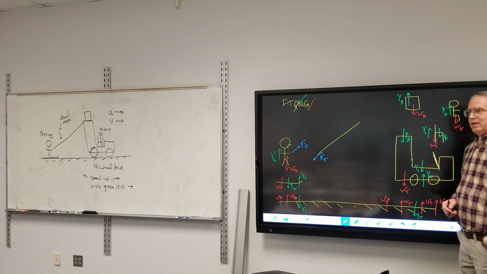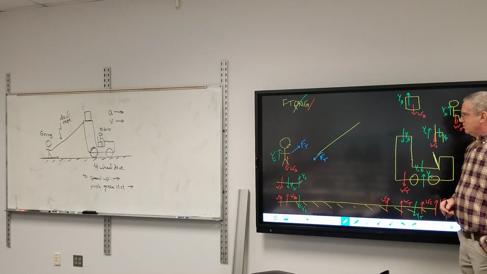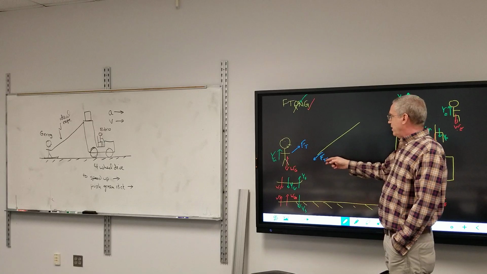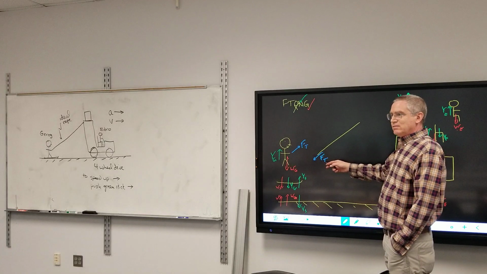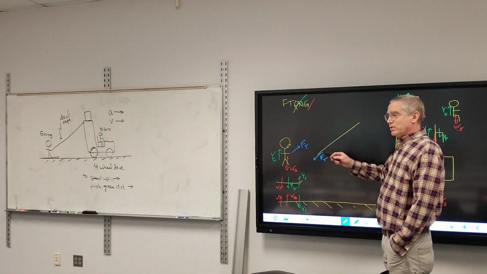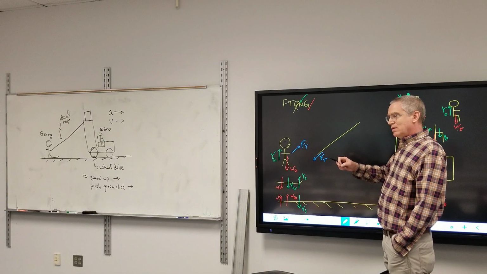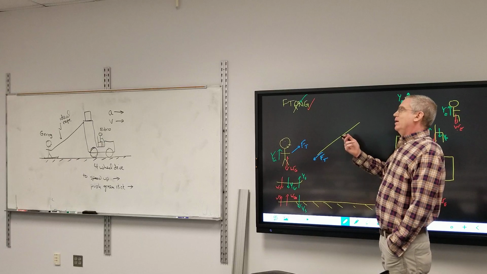Wait, why does that say friction? That's F sub T. The subscript T is for tension. I thought the subscripts were for the objects and the main letter was the force.